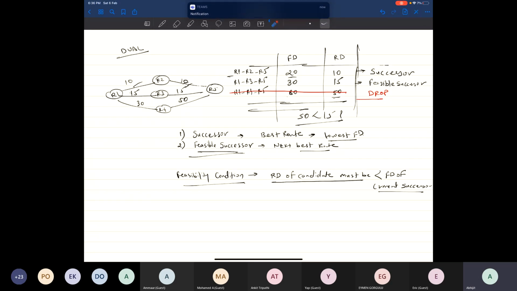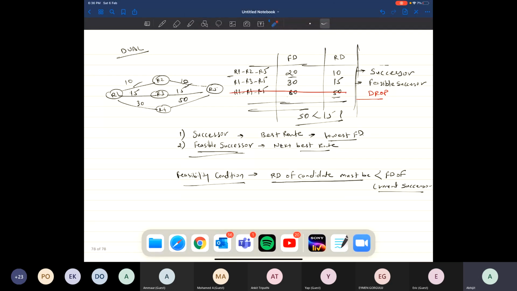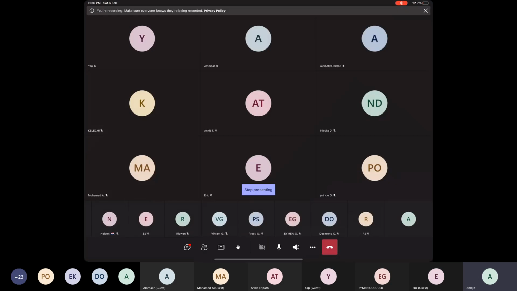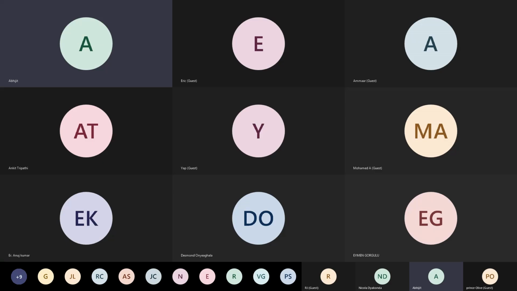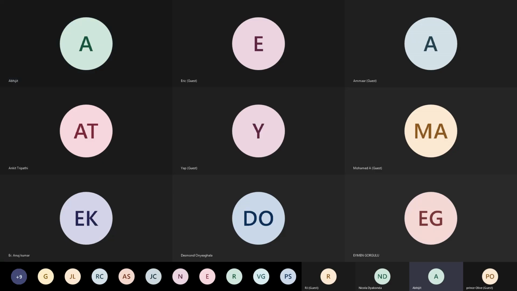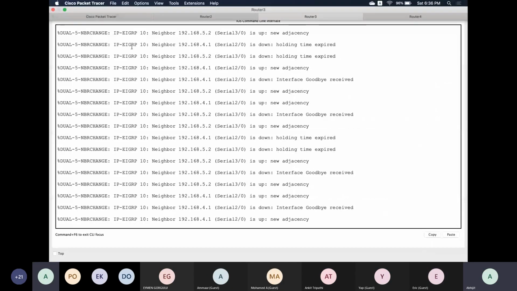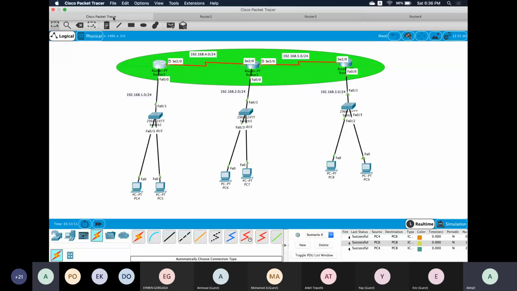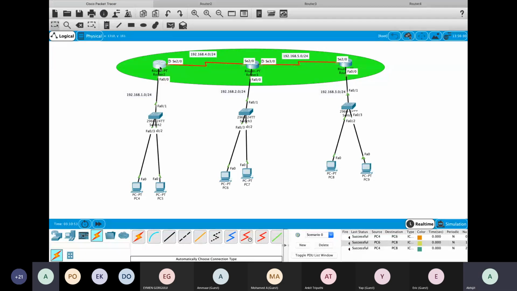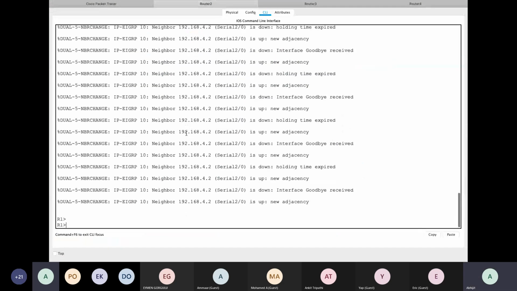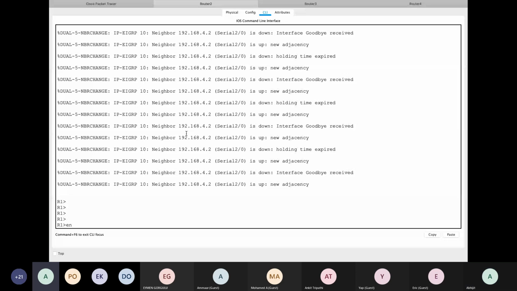You can check the values of these, and I would also show that to you. Let me share my other screen with you. There you go. If you look into our topology, then I can show you the topology table.